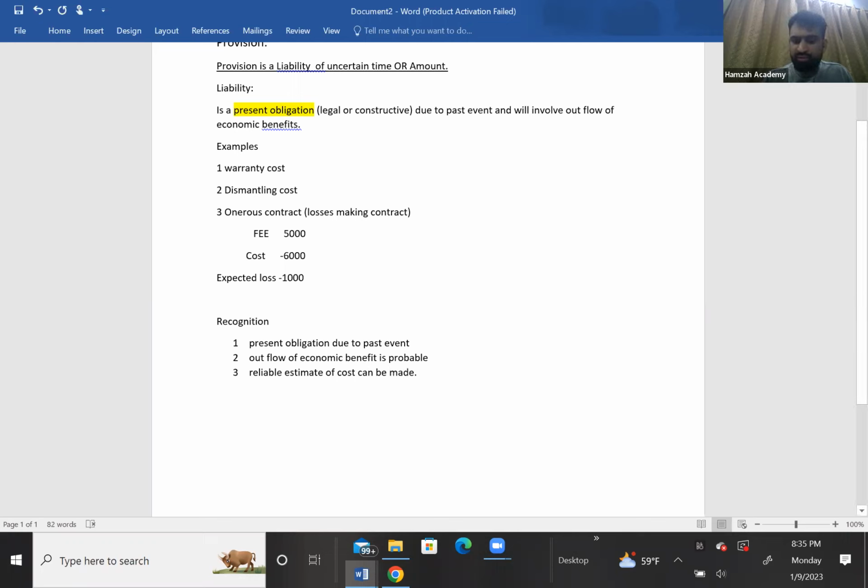Cost means to fulfill the provision, to fulfill the present obligation. If these three conditions can be proved, then we can recognize a provision.